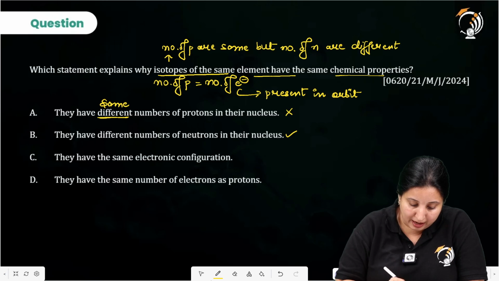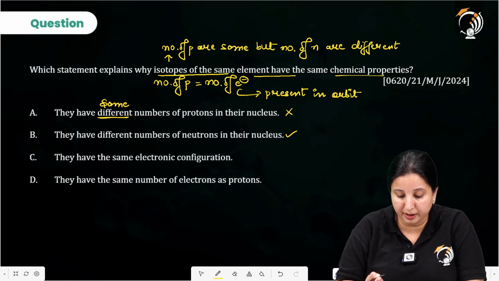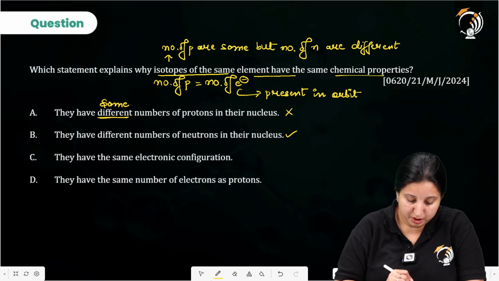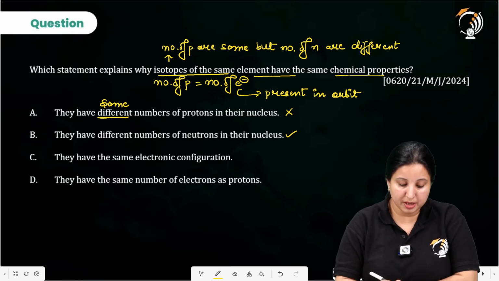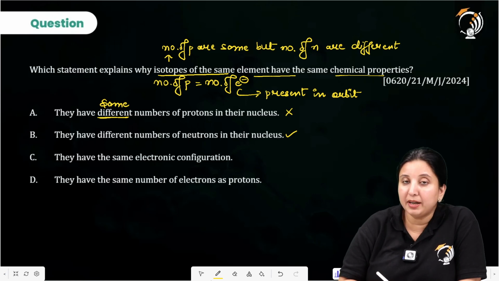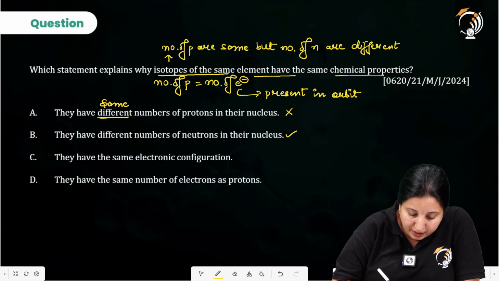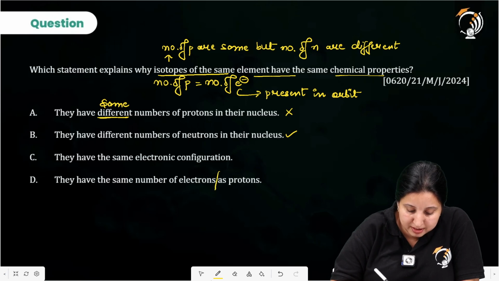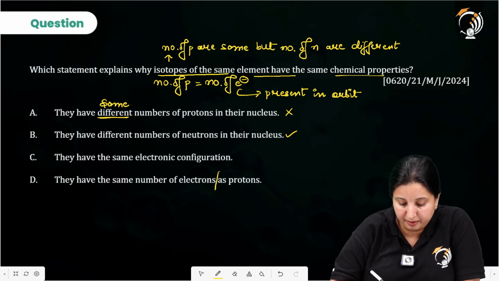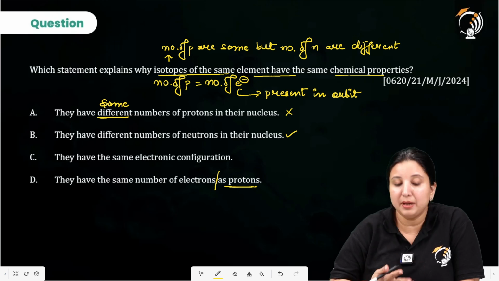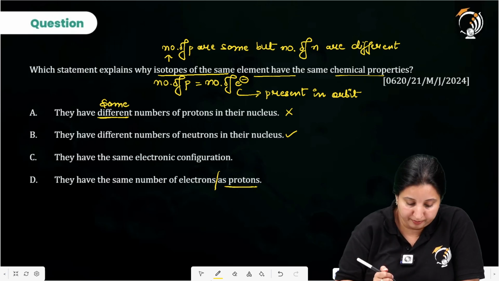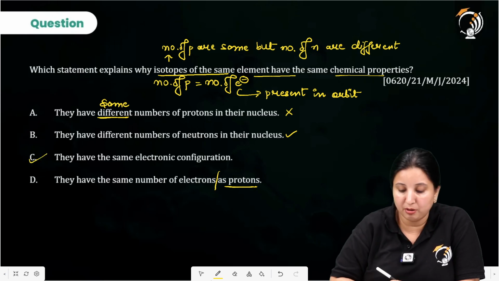Then they have the same electronic configuration, and they have the same number of electrons as protons. Up to here, this is going to be my correct statement, as protons is meaningless according to my question. So they have the same electronic configuration.